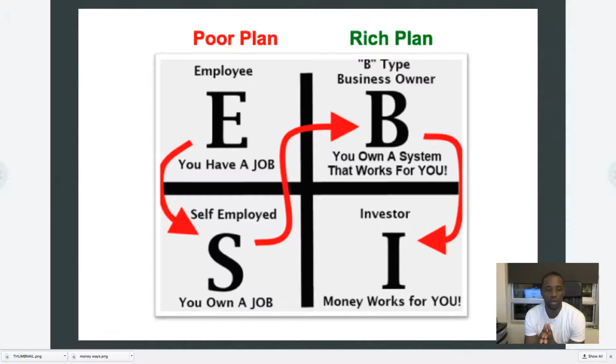Your boss basically controls your finances. And if you don't have something on the side and this is your main source of income, then your boss kind of controls your life. They can choose to fire you, they can choose to promote you, they can choose to increase your wages, and it's not you choosing, they're choosing to do that. So it's up to them. So that's a poor plan, working as an employee.